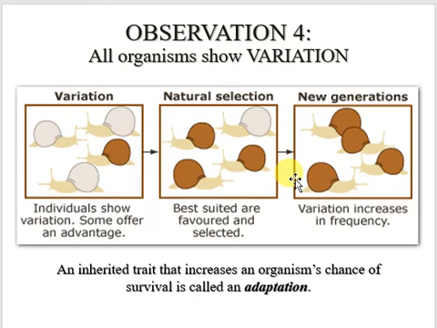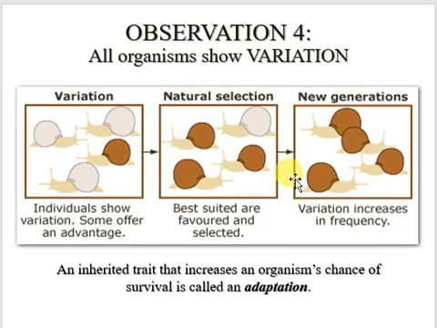Mutations that create variations or traits that are inherited and advantageous to organisms, meaning they increase an organism's chance of survival, are known as adaptations. And we're going to come back to those in a little bit.